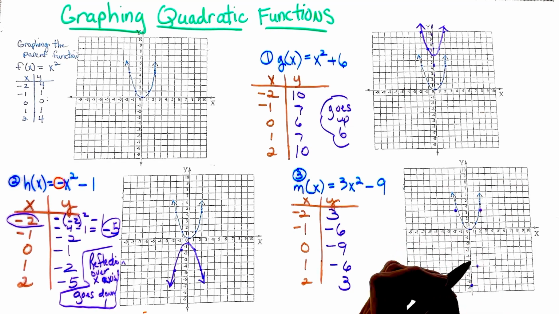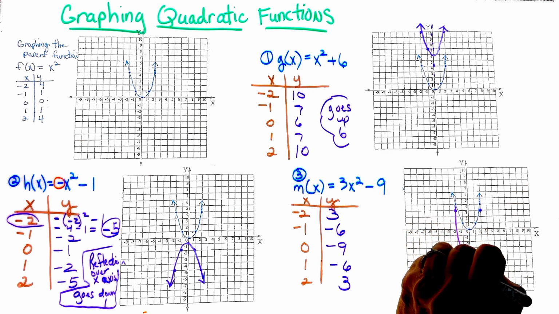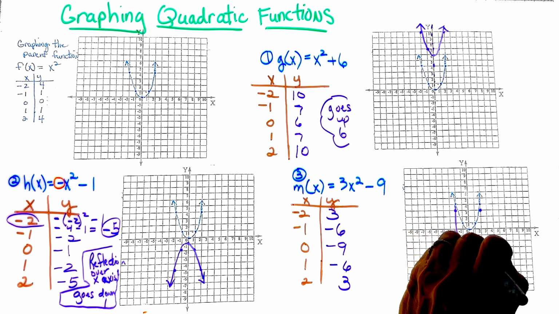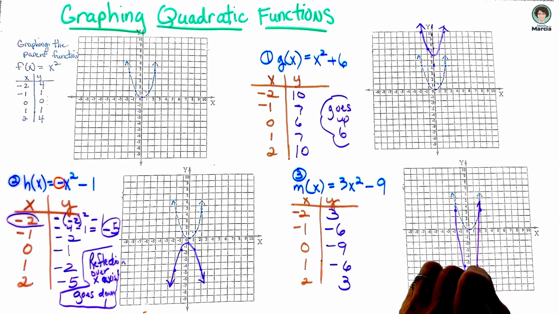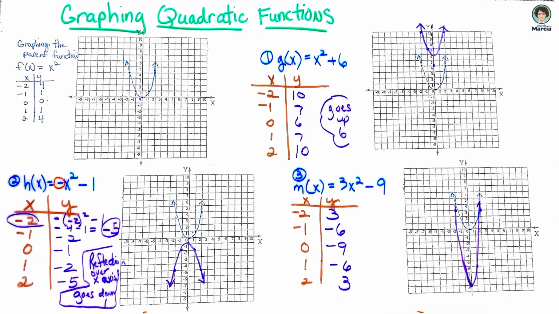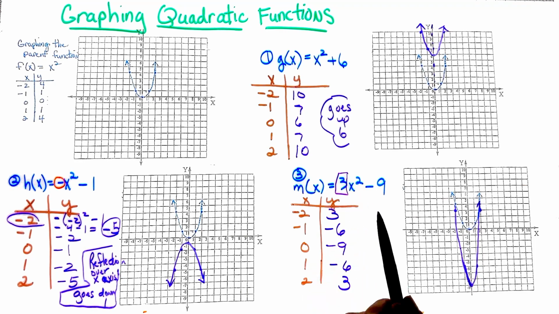Okay, so now I'm going to draw, and it's called a parabola, quadratic function. And mine didn't end up being too curved. It's kind of hard to do this with a marker. When you're using a pencil and you can sketch it, it's a little bit easier. But notice, since we have this 3 in front of our x squared, it's gotten skinnier, hasn't it?